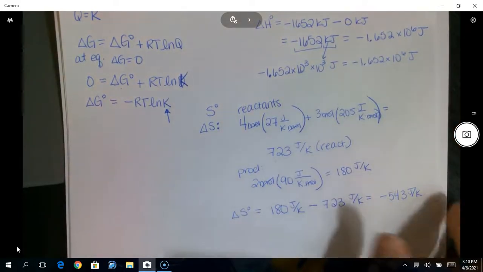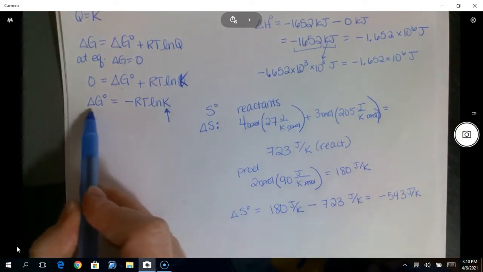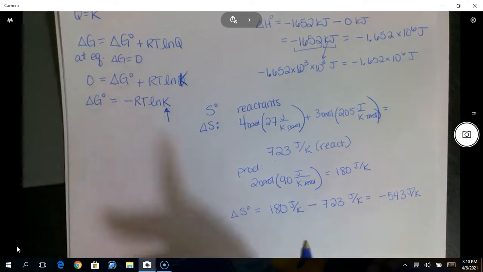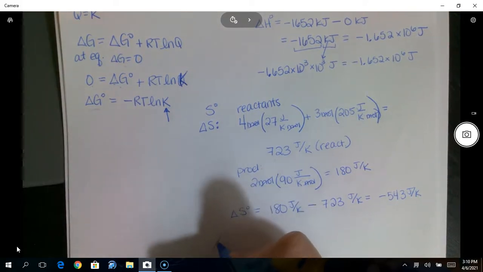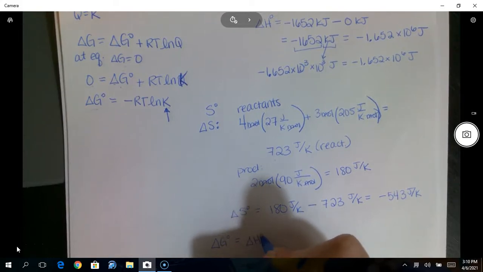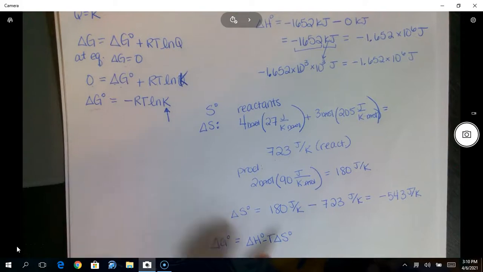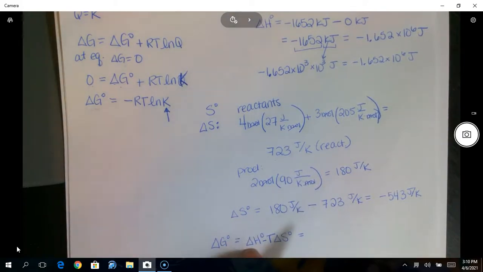Okay, so now, because again, I want to use the standard Gibbs free energy change, we have an equation to use, and that's delta G standard equals delta H standard minus temperature times delta S standard. All right, so we have delta H standard to change.